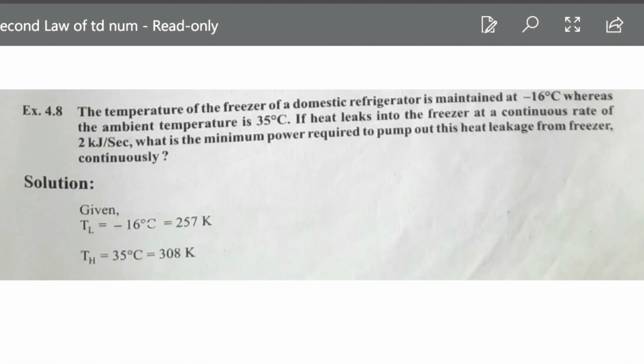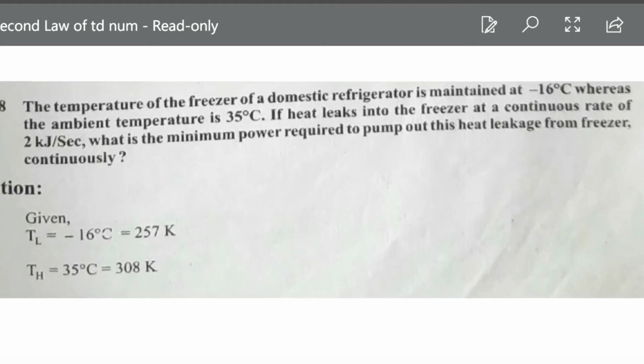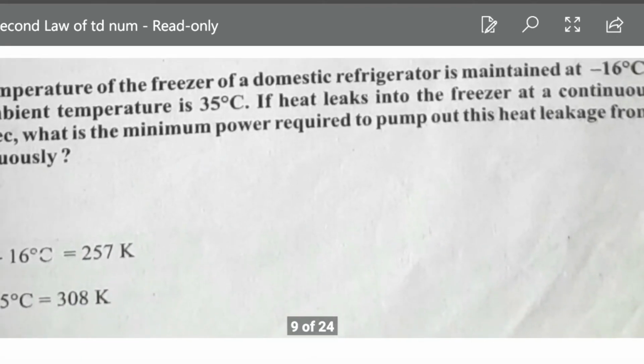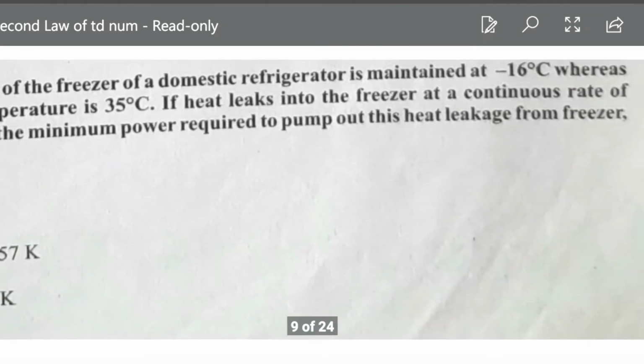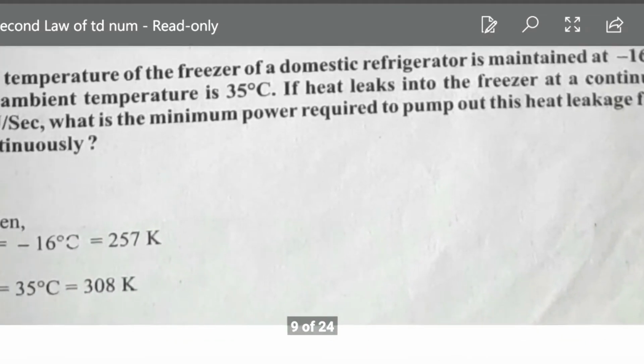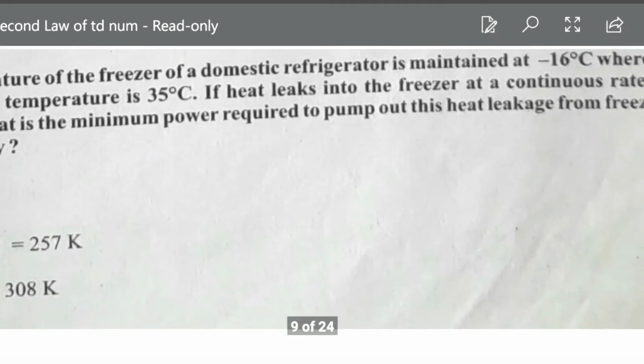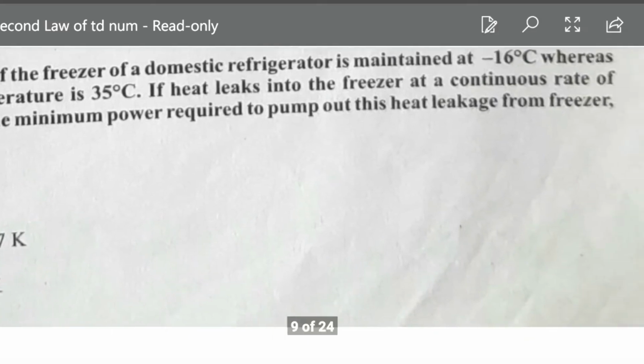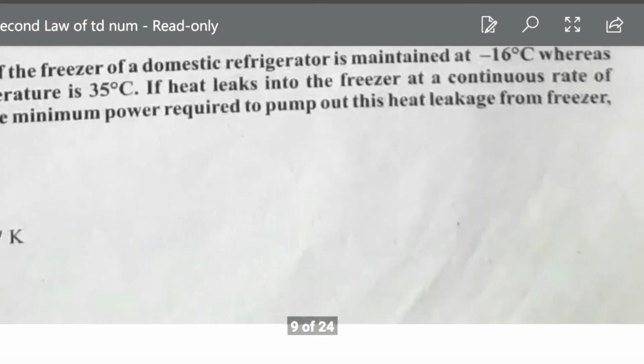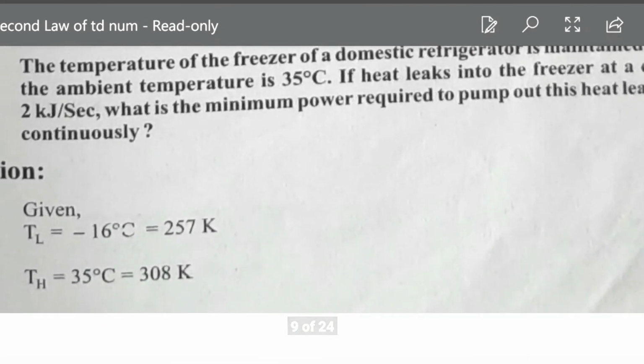The temperature of a freezer of a domestic refrigerator is maintained at minus 16 degrees centigrade, whereas the ambient temperature is 35 degrees centigrade. If heat leaks into the freezer at a continuous rate of 2 kilojoule per second, what is the minimum power required to pump out this heat leakage from the fridge continuously?